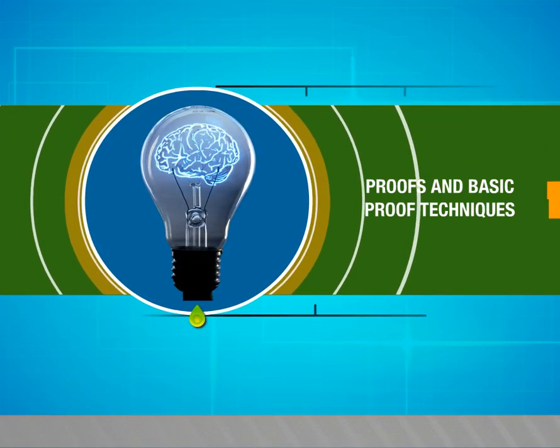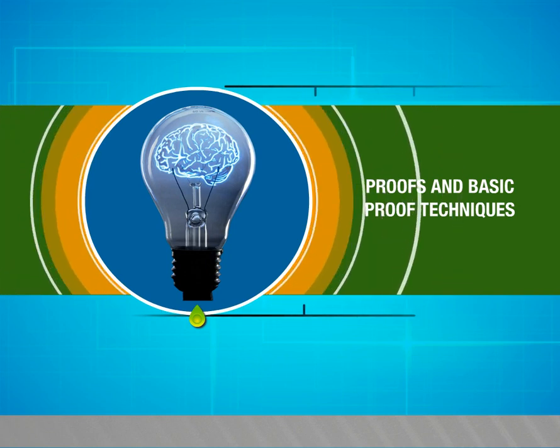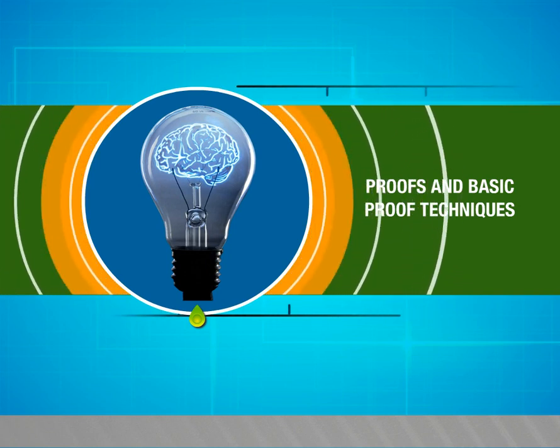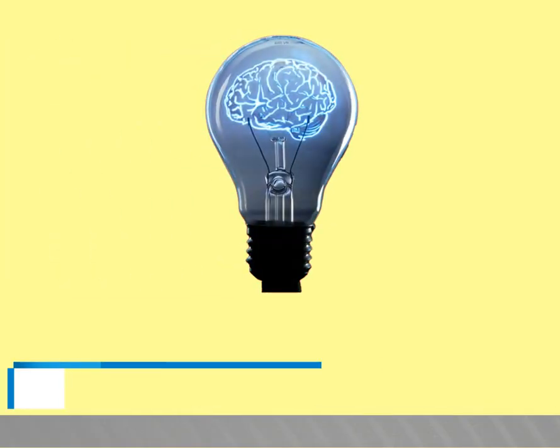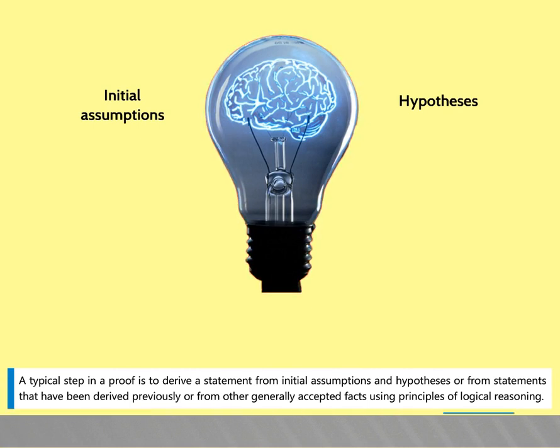Proofs and basic proof techniques. In this video, we are going to see about proofs and basic proof techniques. A typical step in a proof is to derive a statement from initial assumptions and hypotheses, or from statements that have been derived previously, or from other generally accepted facts, using principles of logical reasoning.